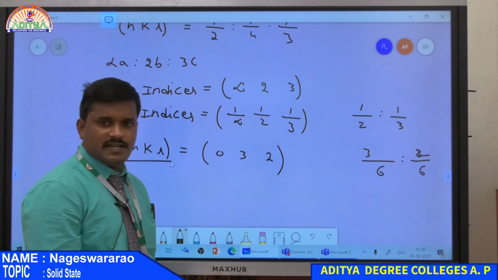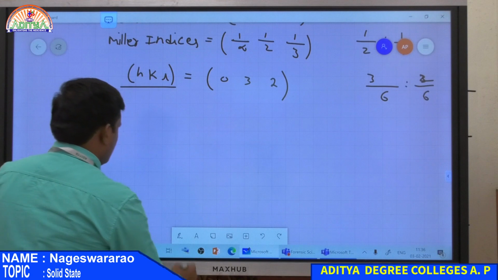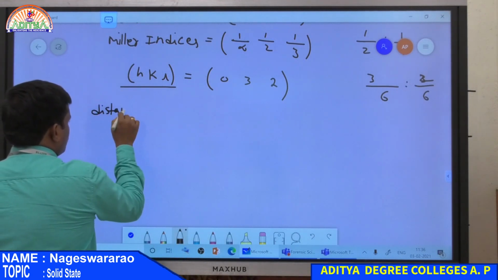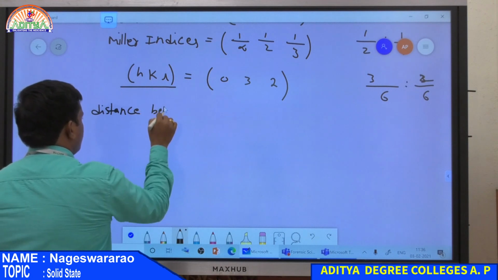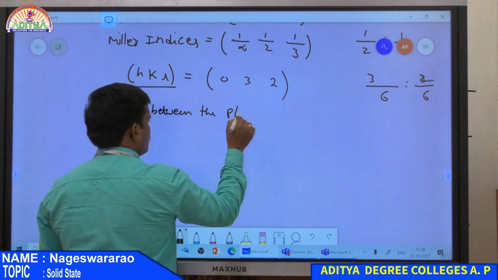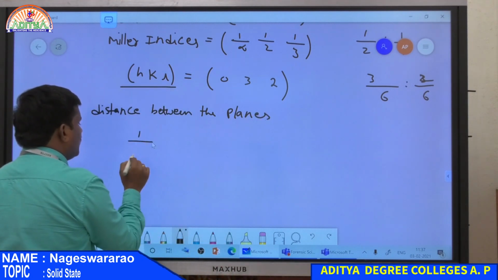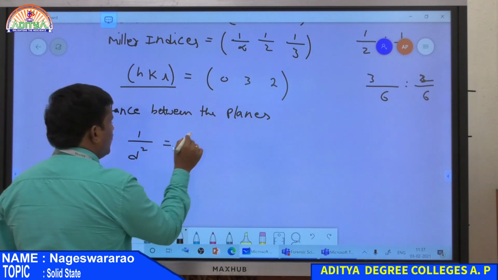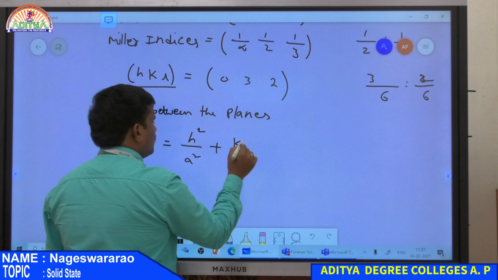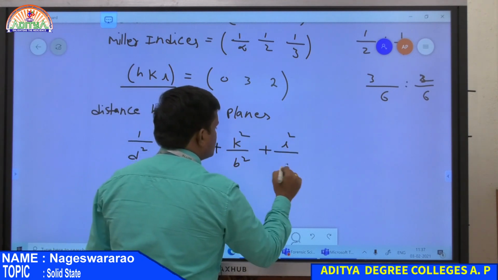H is the Miller index along the x axis, K is along y, and L is along z. Now the distance between the planes present in a crystal is given by 1 by d square equals h square by a square plus k square by b square plus l square by c square.